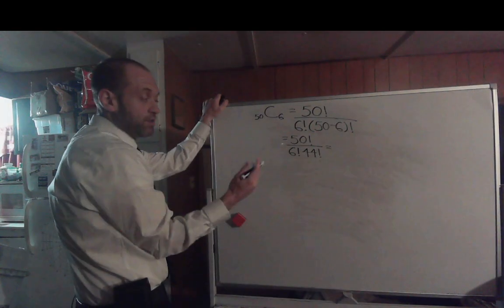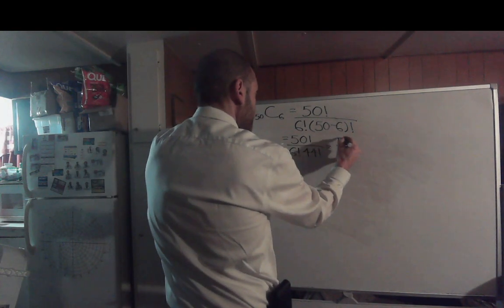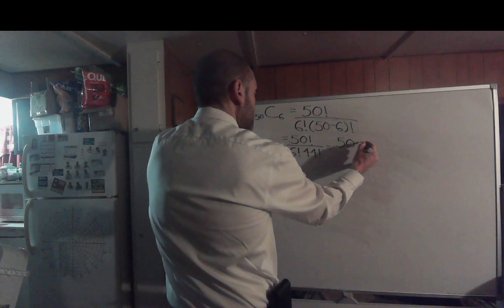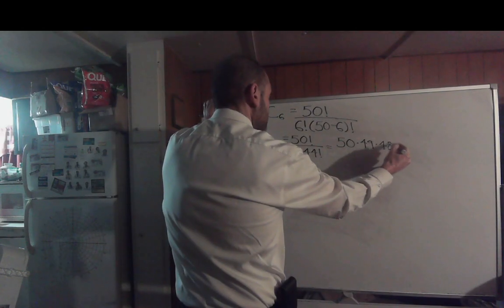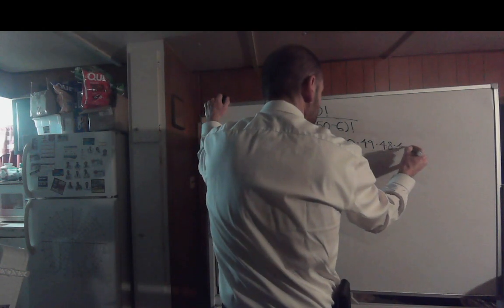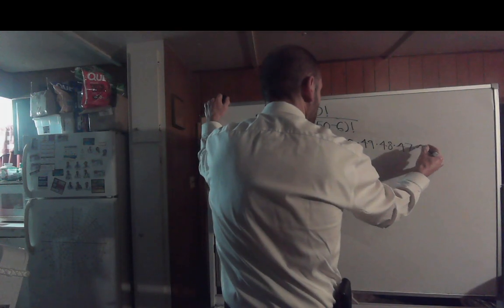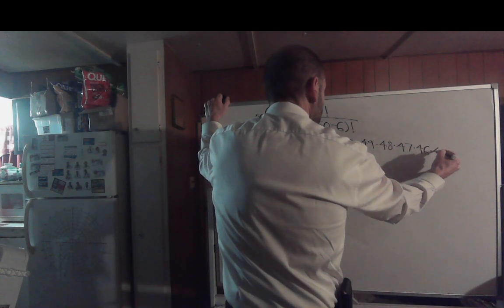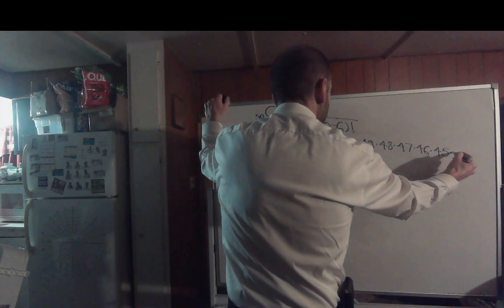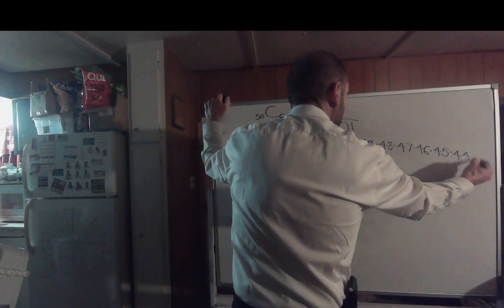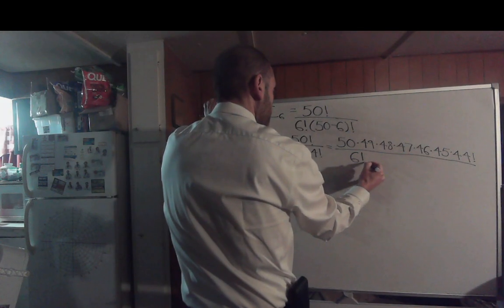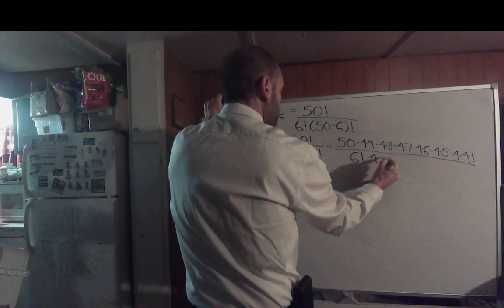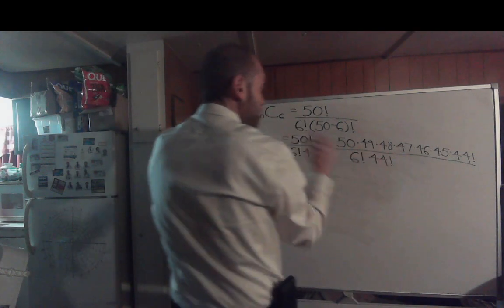Well, 50 we can reduce some. That'll be the same thing as 50 times 49 times 48 times 47 times 46 times 45 times 44 factorial. What a doozy that one was, huh? Divided by 6 factorial times 44 factorial.